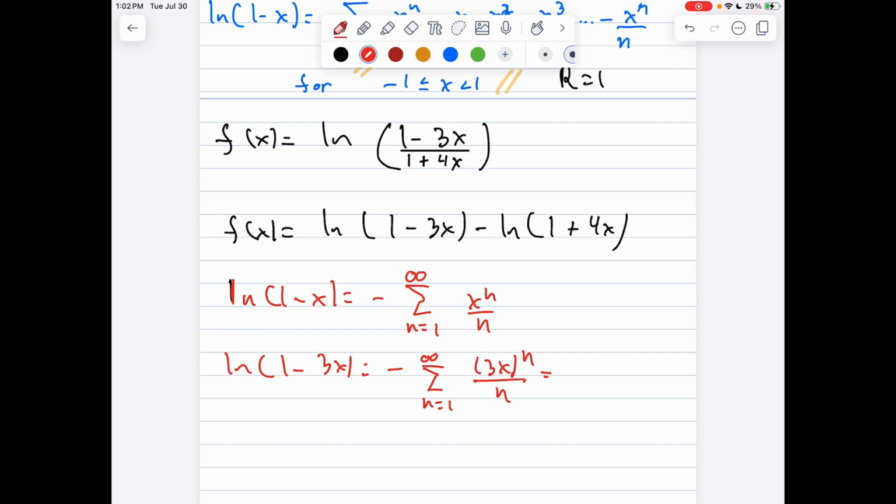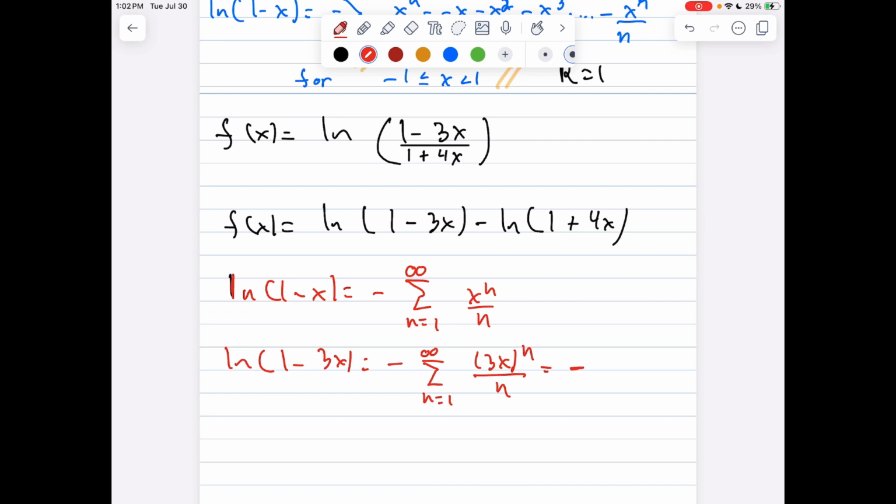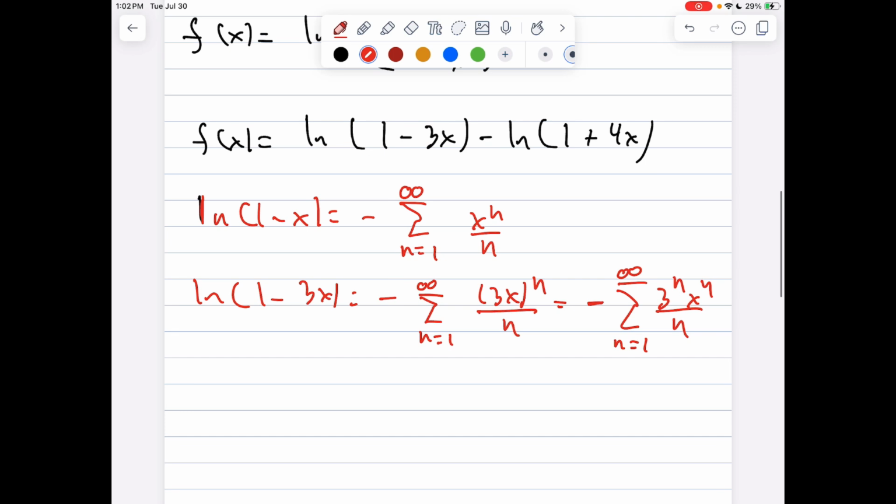This substitution preserves your center. As long as your substitution preserves your center, you can plug that in and you have a valid representation of the series. So the series representation for ln of 1 minus 3x would be minus the sum to infinity of 3^n x^n over n. I used properties of exponents here to simplify that, just to let you know.